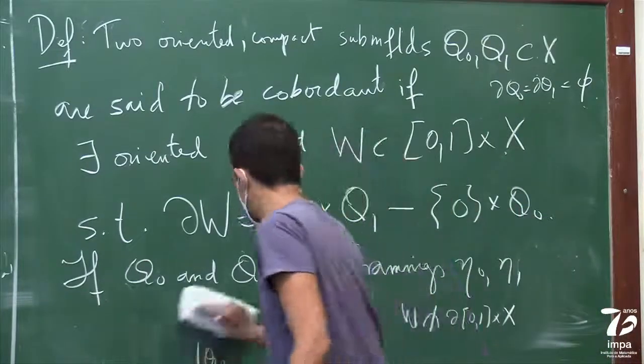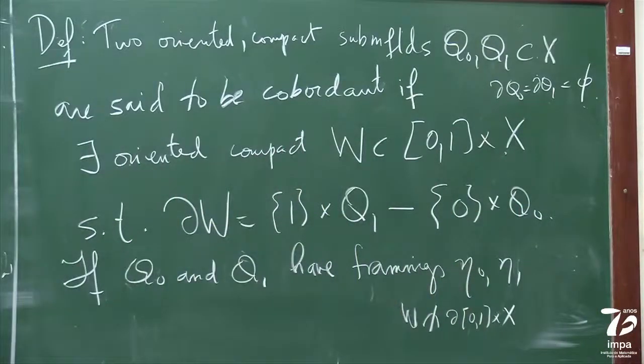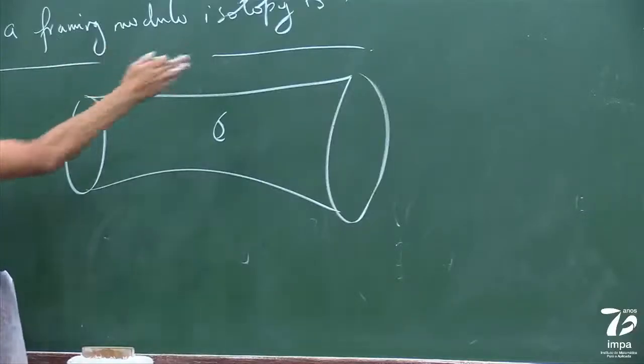So, let me draw a picture to kind of convince you that that's true. So if I have a cobordism, here's my cobordism. I'm not drawing X, but this is [0,1].